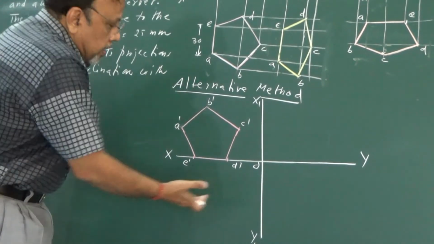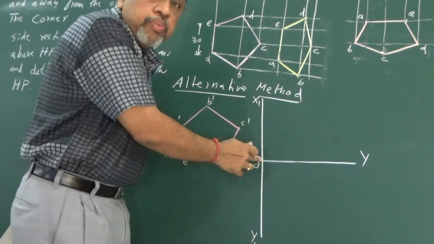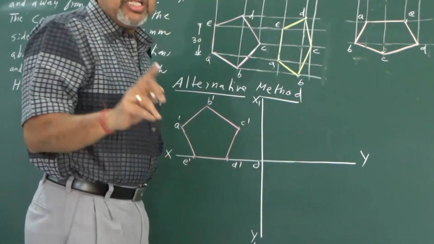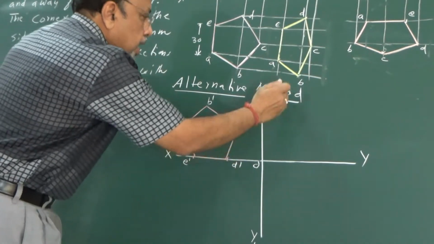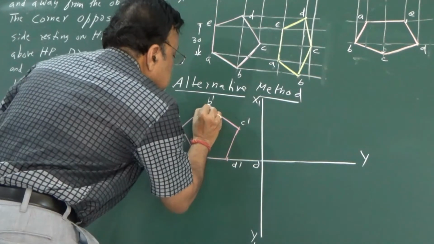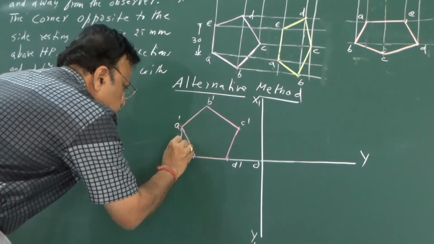Remember that in the side view, OX1 corresponds to VP and OY corresponds to HP. Or if you want, you can draw the top view first. Let us say we draw the top view first.